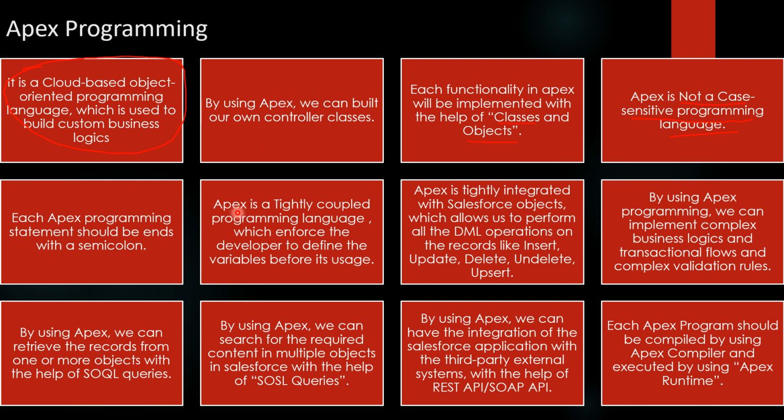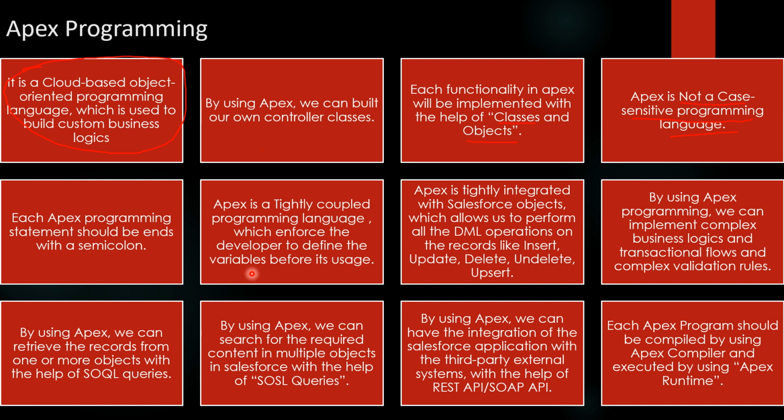Apex is a tightly coupled programming language which enforces the developer to define the variables before their use. So what Apex is saying is that before using anything, we need to provide a variable. As a developer, we need to define a variable before its use.